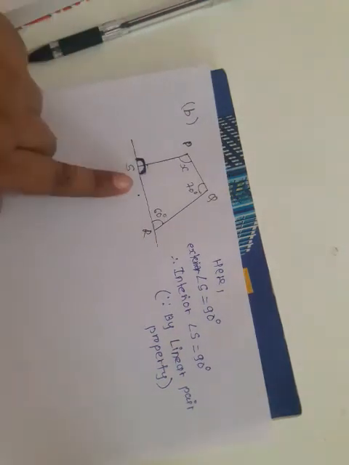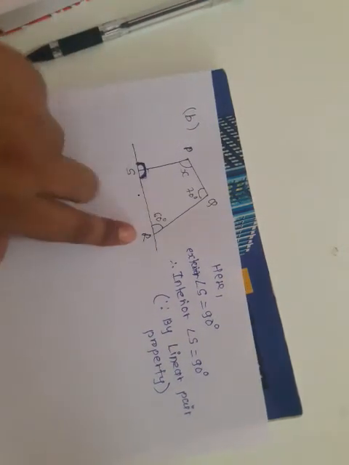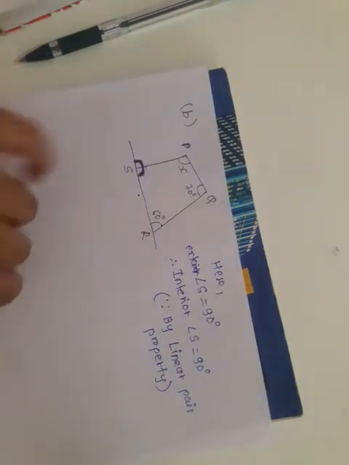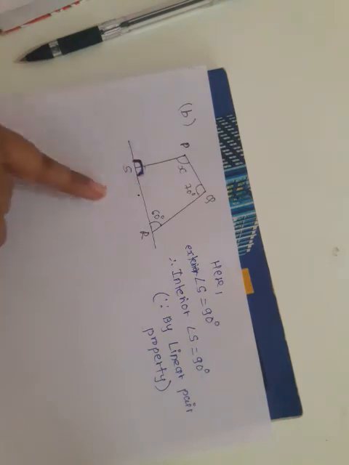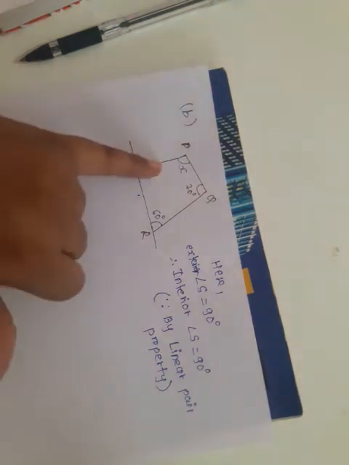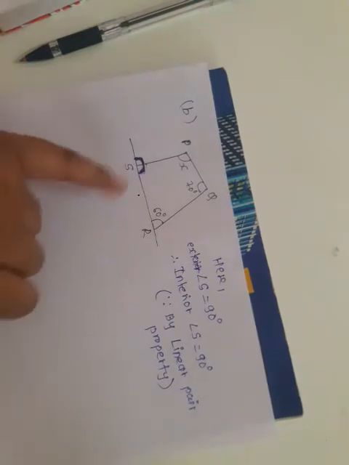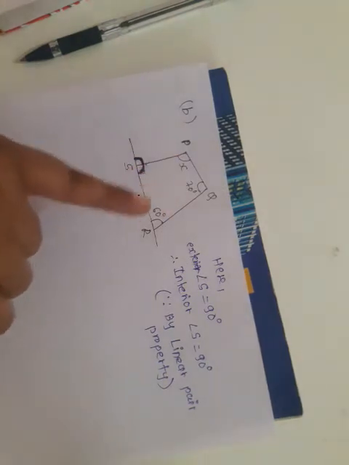So angle S is known to us, angle R, angle Q, and then angle X we have to find out. See the diagram given to us, having four sides, 1, 2, 3 and 4, which means it is a quadrilateral again. We know the sum of the measures of all the angles of a quadrilateral is 360 degrees.